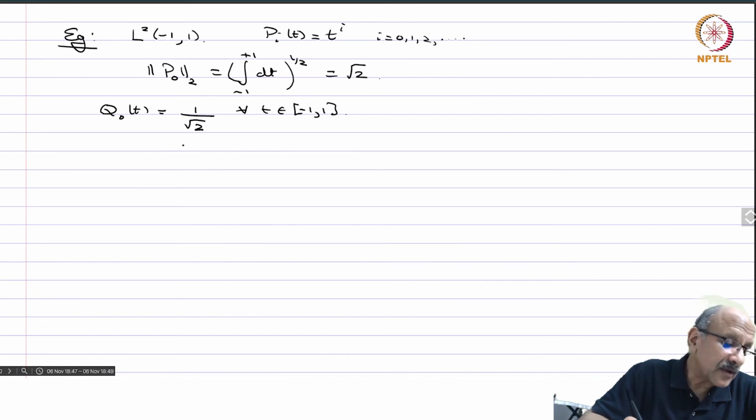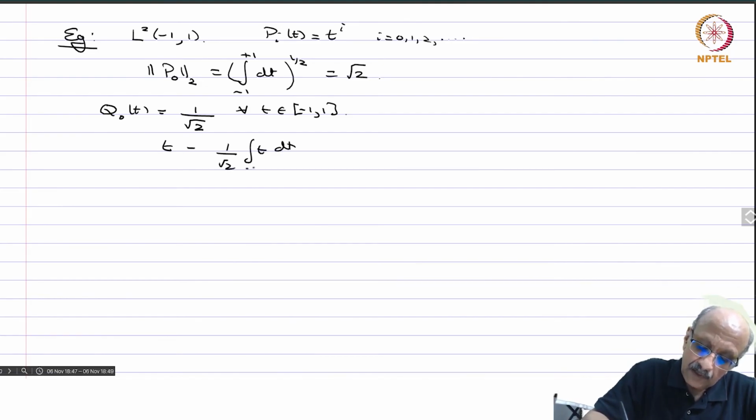Now consider the following function: t minus, since p1 is t, I am going to take the inner product of t with q0. q0 is 1 by root 2, so 1 by root 2 integral of t dt from -1 to 1. That is just the inner product, and then multiplied by q0 of t, which is 1 by root 2.